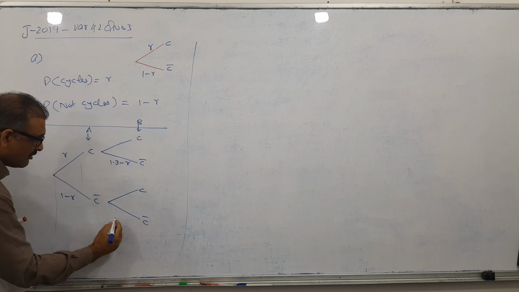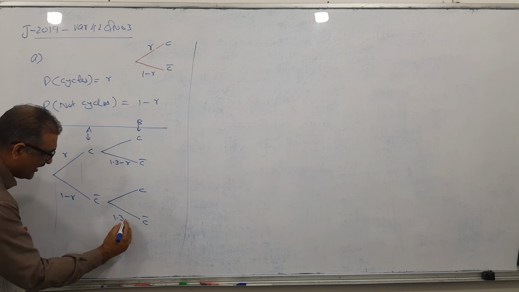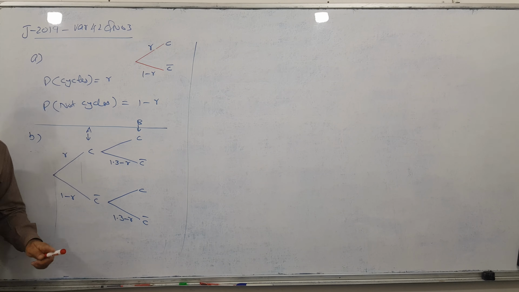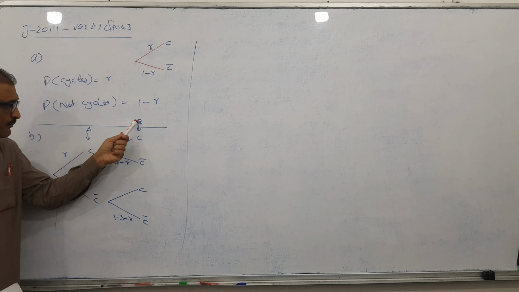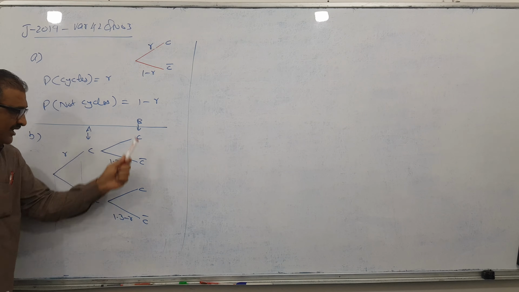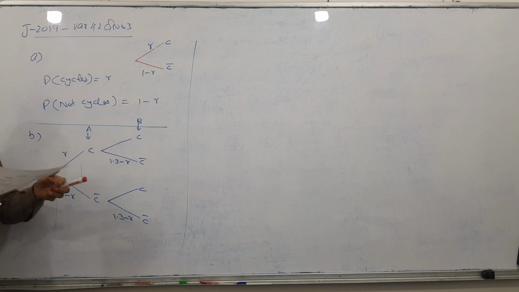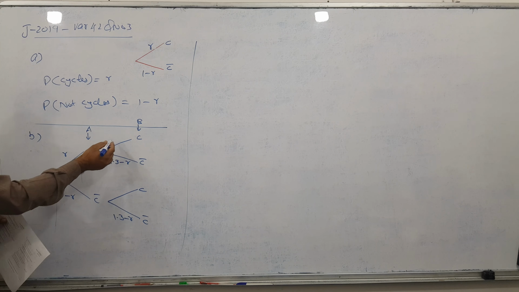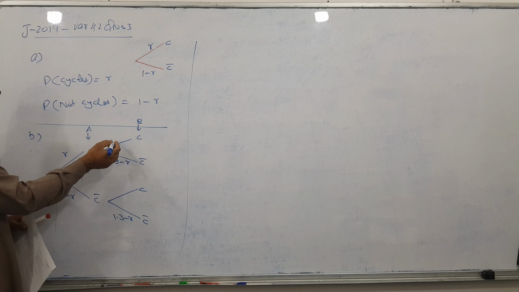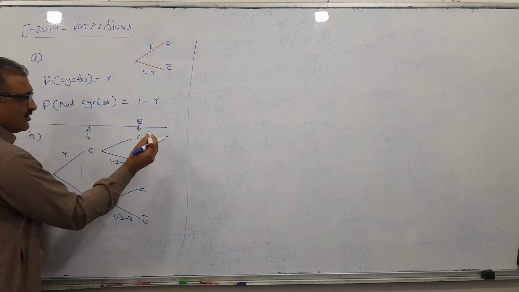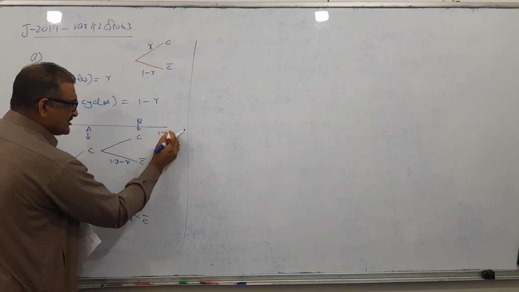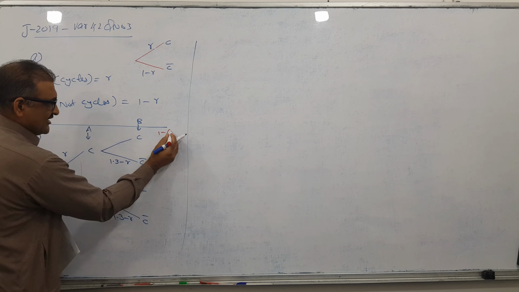Similarly here, 1.3 minus R. You may ask why it is like this: B not cycle and B not cycle. Clear? So I think we can get this answer very easily. How come? From 1, if you subtract this one, let's see what happens.